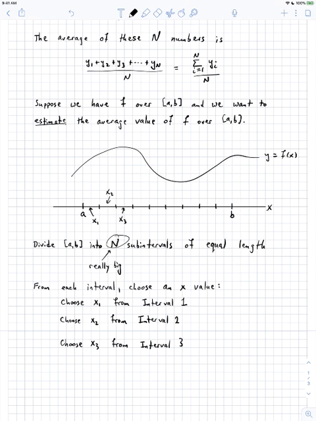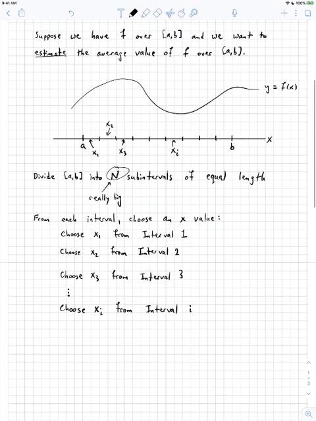And from every interval, so let's say dot, dot, dot, choose x sub i from interval number i, which is somewhere in the middle here. So let's just say that this is the ith interval here. So you're just going to pick an xi. And you keep doing this until you get a sample from every interval. So choose x sub n from the last interval.